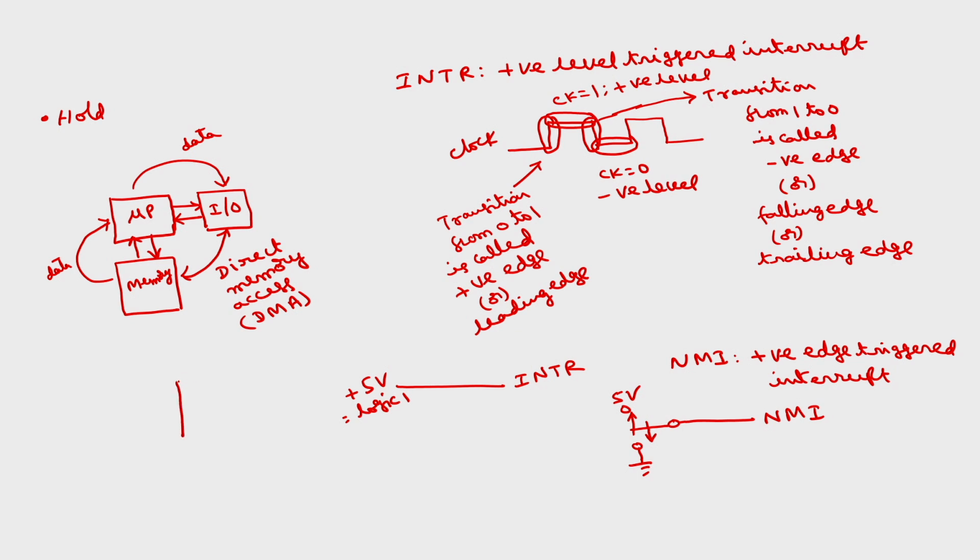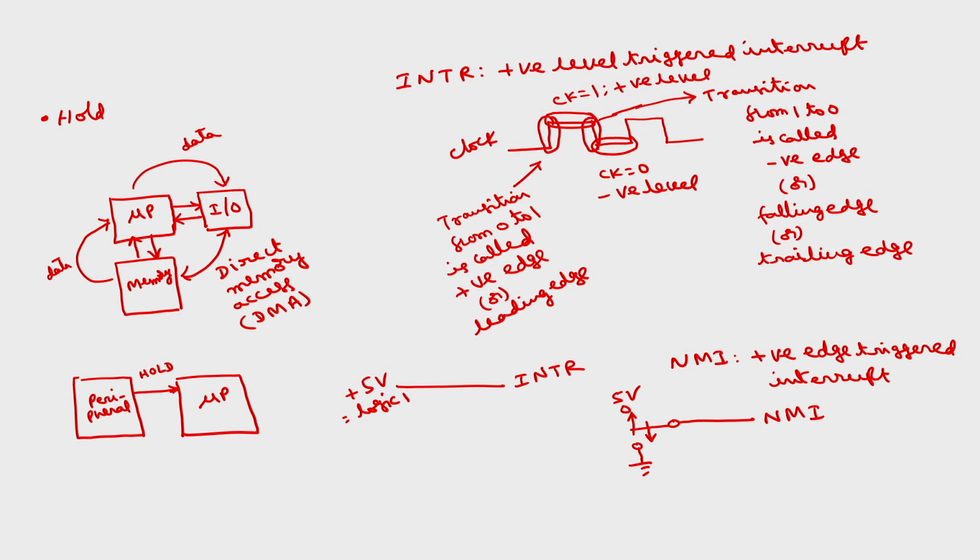So, if any peripheral device wants to make a DMA data transfer, this is the microprocessor, and this is any peripheral, either memory or IO. First it has to take control of the address and data bus of the microprocessor. For that, the peripheral will request the microprocessor through a signal called the hold signal.